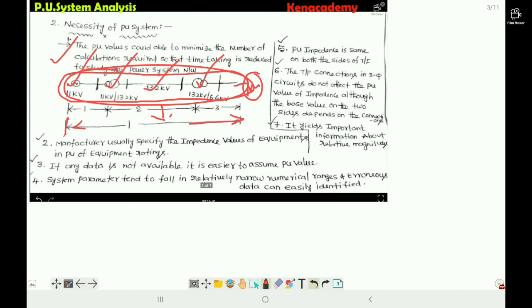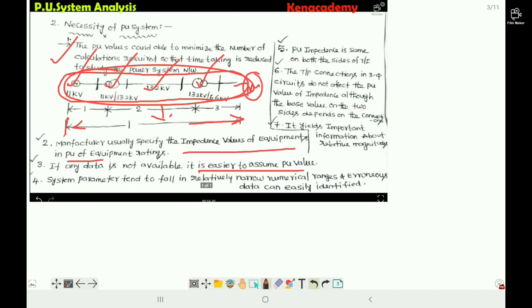Clear? Next, one more necessity is, we know that many manufacturers, for different equipments, specify the impedance values in terms of per unit. The rating of impedance is specified in terms of per unit, because if you represent in per unit and any data is not available, the assumption is very easy.